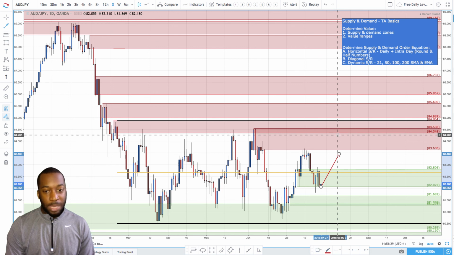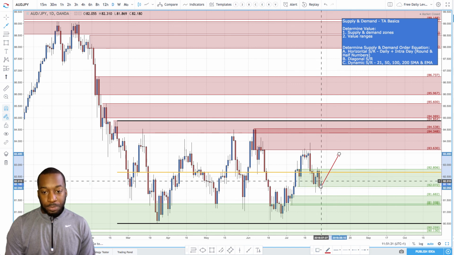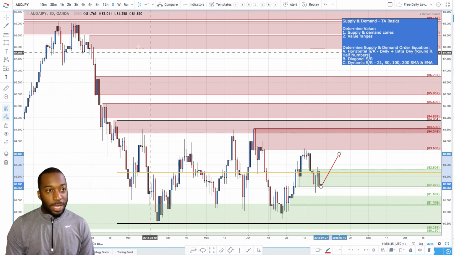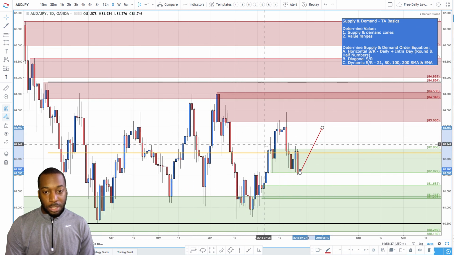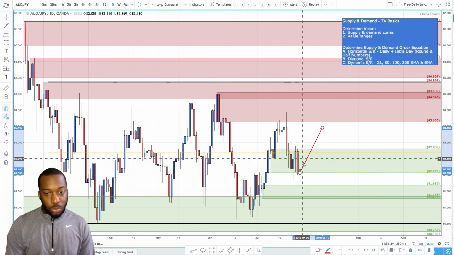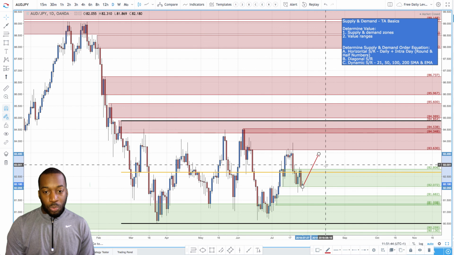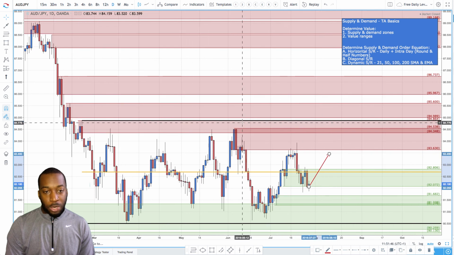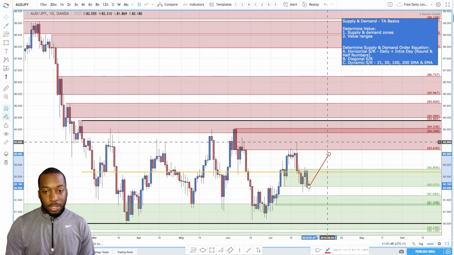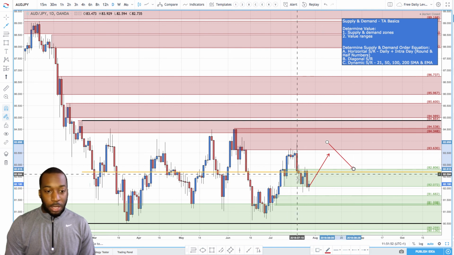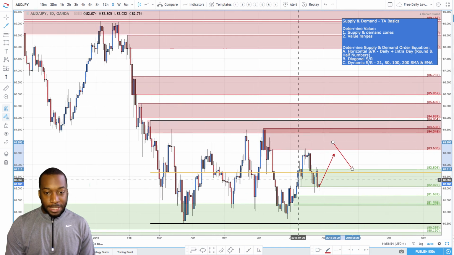If you're looking to buy the Japanese yen, then you'd be buying in more of an expensive area, so you'd be looking for more of a pullback, right? And again, did we make a lower low? No, we haven't made really a lower low, so I'm going to keep the supply zones where they are, right? So if you're looking to get short, it's pretty much right there. So that's it for the analysis this week.